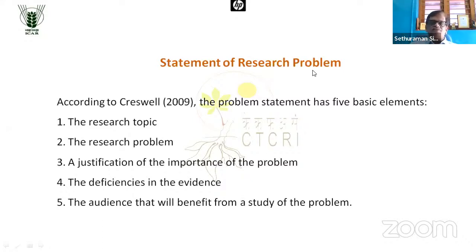So the kind of research problem we are getting now is a multidisciplinary research problem. The kind of research problems you might have seen in your extension journals in India are slowly fading away. For so many years, we have been doing research on extension itself, like knowledge gain, perception, attitude, adoption, purely extension-oriented research problems.